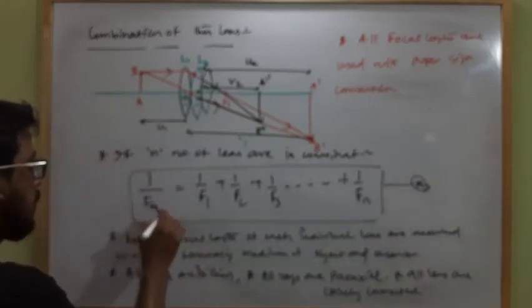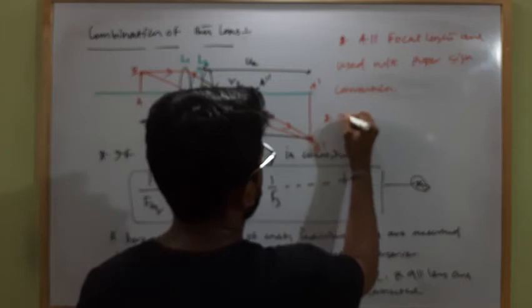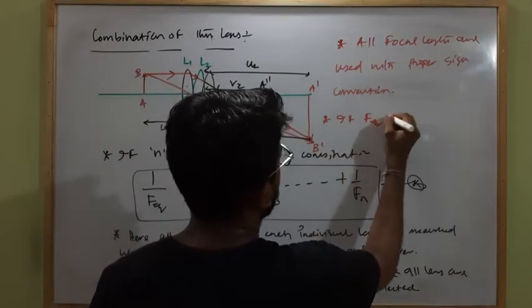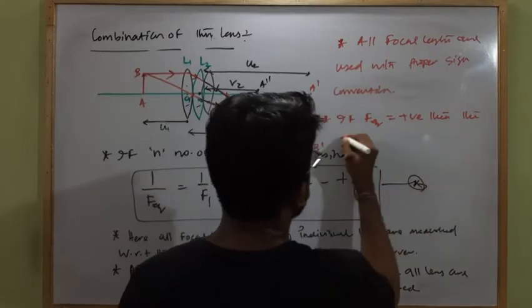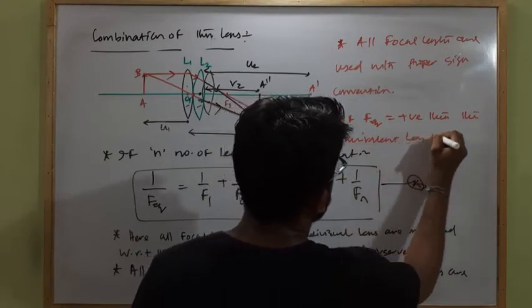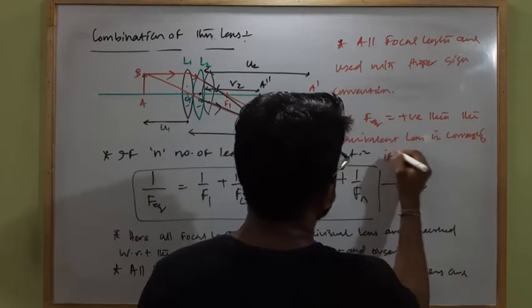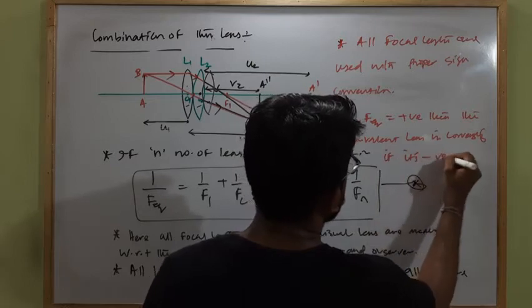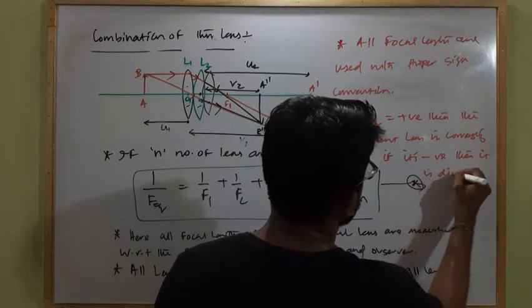Okay, so if the final F equivalent is positive, then the equivalent lens is converging. If it's negative, then it is diverging.